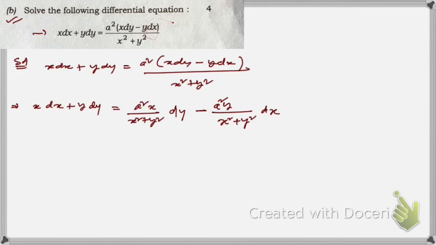Now let me write these two terms on one side of the equal sign and these two on the other side. Then, after taking dx common and dy common, that's going to be the simplified form here.